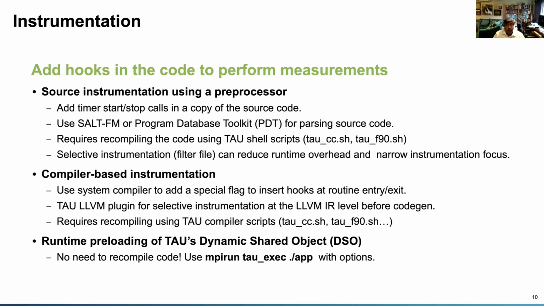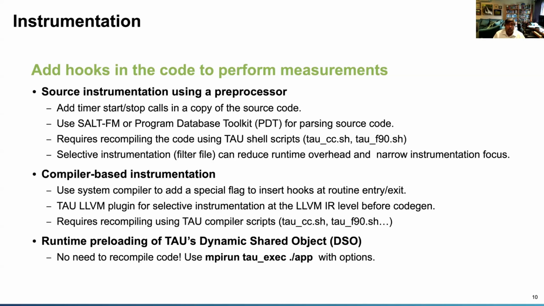Now we can also do this with the compiler. We also have an LLVM plugin that allows you to operate at the IR level and make very detailed, very compact instrumentation during the compilation. And again, you use these compiler scripts, but you do not need to use source instrumentation or compiler-based instrumentation.